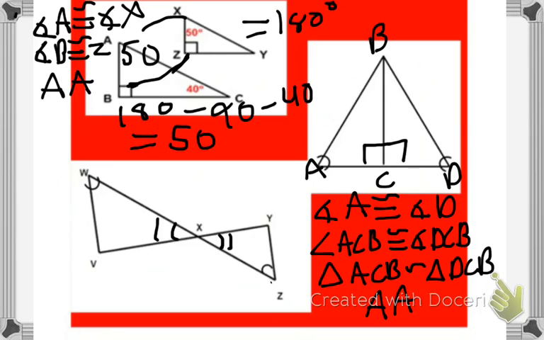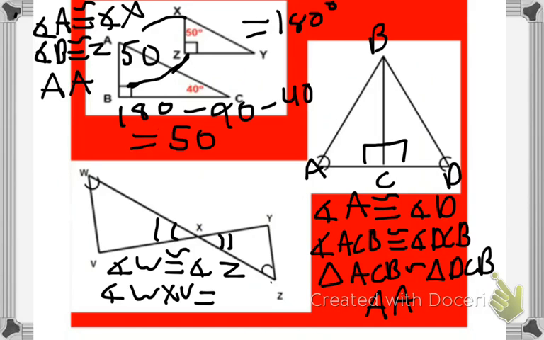Alright, so we look right here, and we notice that angle W is congruent to angle Z, and we notice that angle WXY is congruent to angle ZXY.